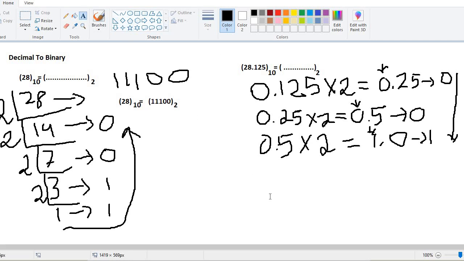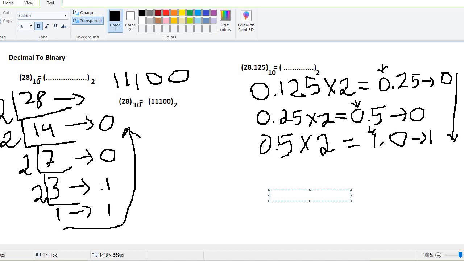So what do we have now? For 28 we have 1 1 1 0 0. For 28 I have that. Now for .125 what do we have? 0 0 1.